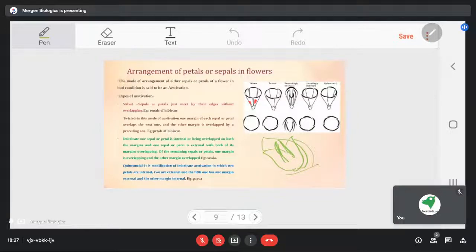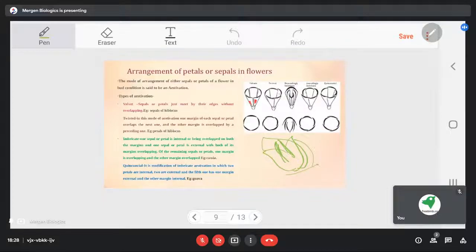And then comes the third whorl, that is the male reproductive part, or the stamen. Stamen consists of 2 parts. One is the anther and the other is the filament. The scientific term for the male reproductive part is androecium. Then we have reached the fourth whorl, that is the gynoecium or female reproductive part, which has either carpel or pistil.